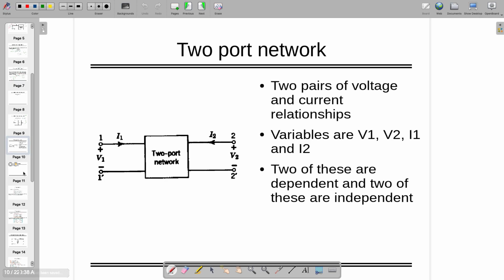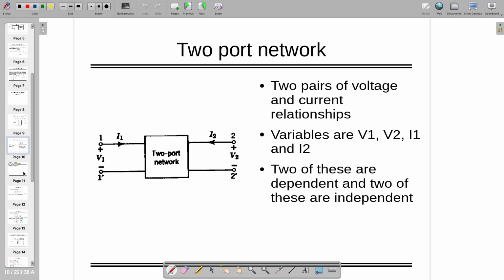After learning this, we'll go to synthesis, where the functions will be given. Driving point functions are available, and you have to find out the circuit, which will be RLC only, right? So this course is limited to passive circuits, so we are not moving to transistors. However, you can synthesize the transistor also, right?